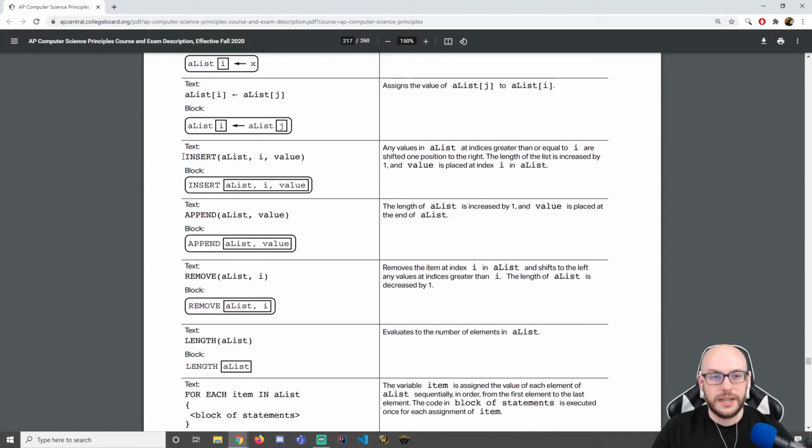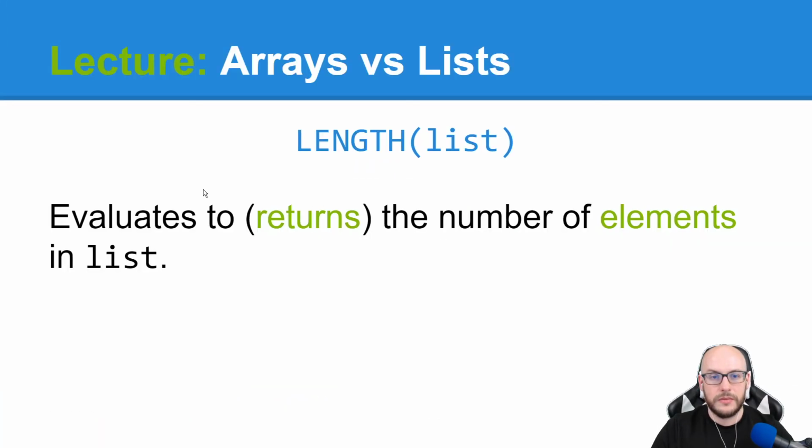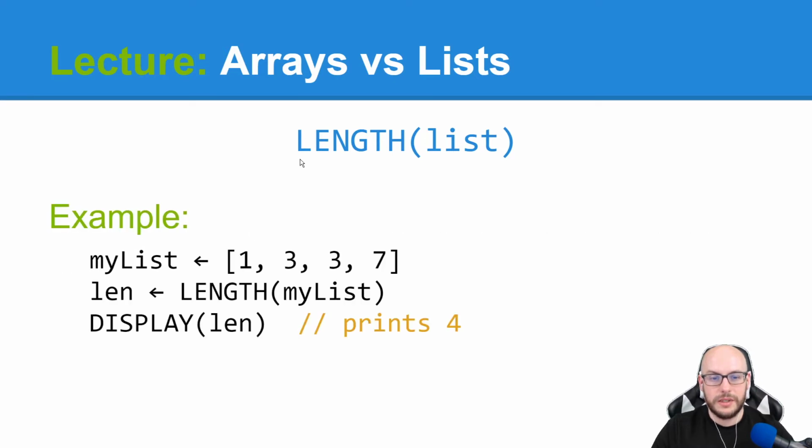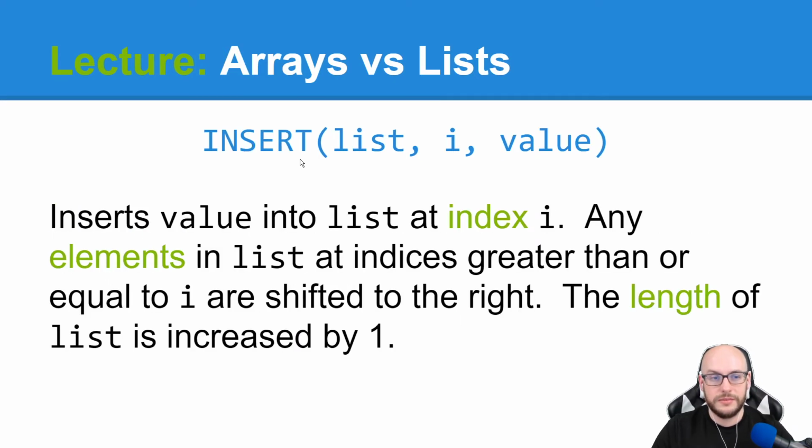But then we get down to the 4 methods, the 4 procedures, right? There's length, remove, append, and insert. And as I said, you will receive this document on your test, meaning you'll have exactly this right there in front of you. So that's length. It'll tell you how many elements are in the list. There's also insert, which inserts value, that's this last parameter, into list.